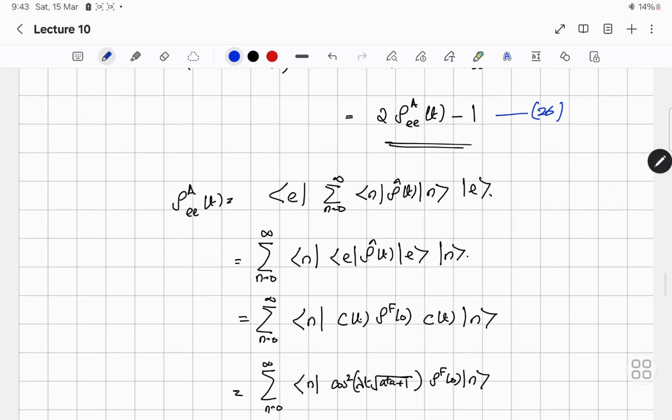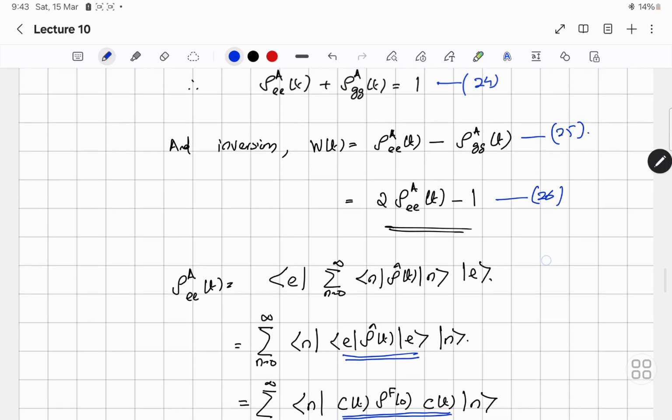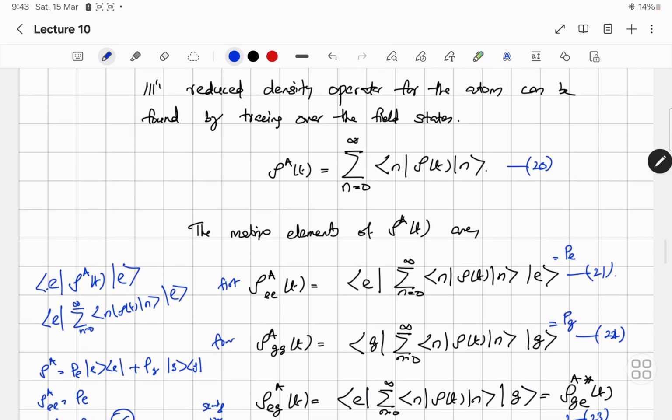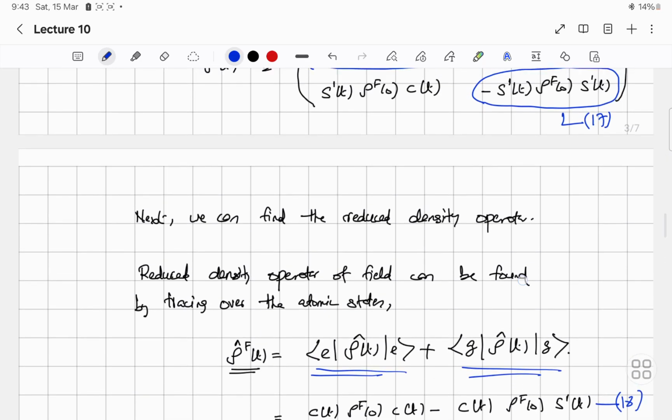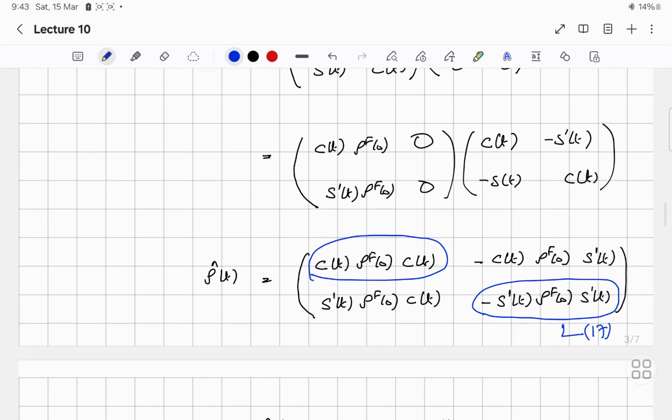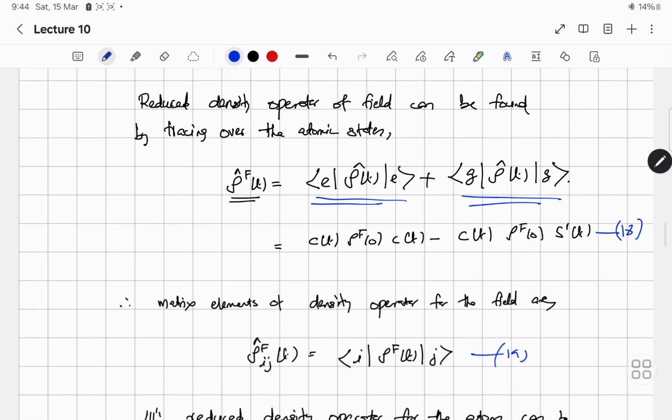Now we know this inner product is commuting, so we can first take the inner product ⟨e|ρ(t)|e⟩, and this is nothing but C(t) ρ_f(0) C(t). We get this expression because, if you look at the matrix element of ρ(t), this element is ⟨e|ρ(t)|e⟩, and that result I have used.